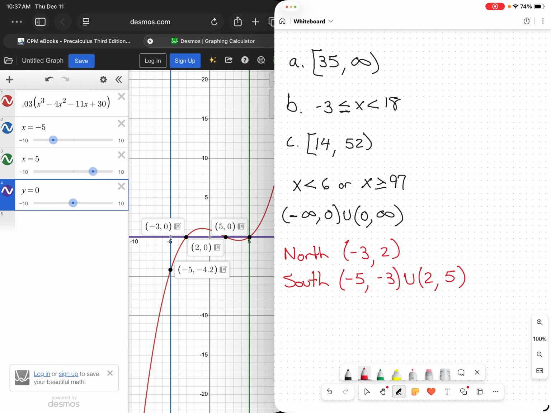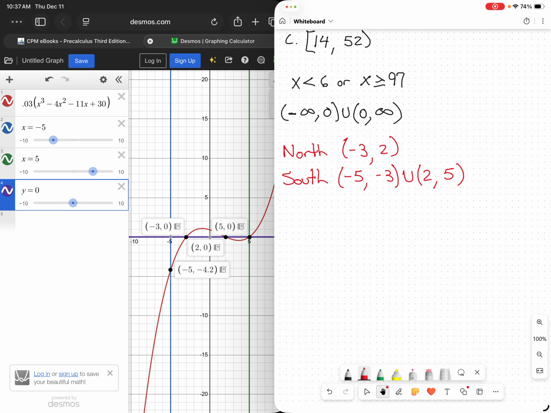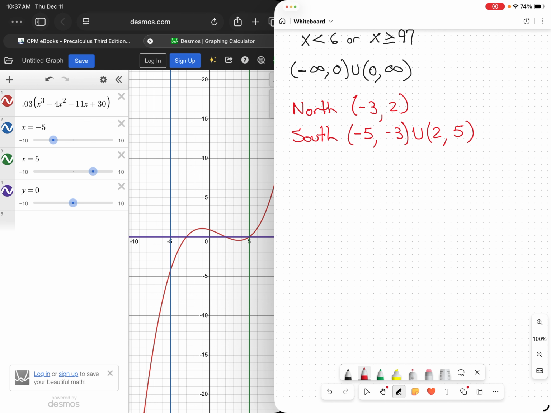All right, so now let's look at doing that. They said do that algebraically, so basically we're just finding the zeros there. Instead of y equals, we're going to set that equal to 0, and we're going to solve it the way we've been solving these all chapter. Since we can't factor this, we will have to go to our rational roots theorem.